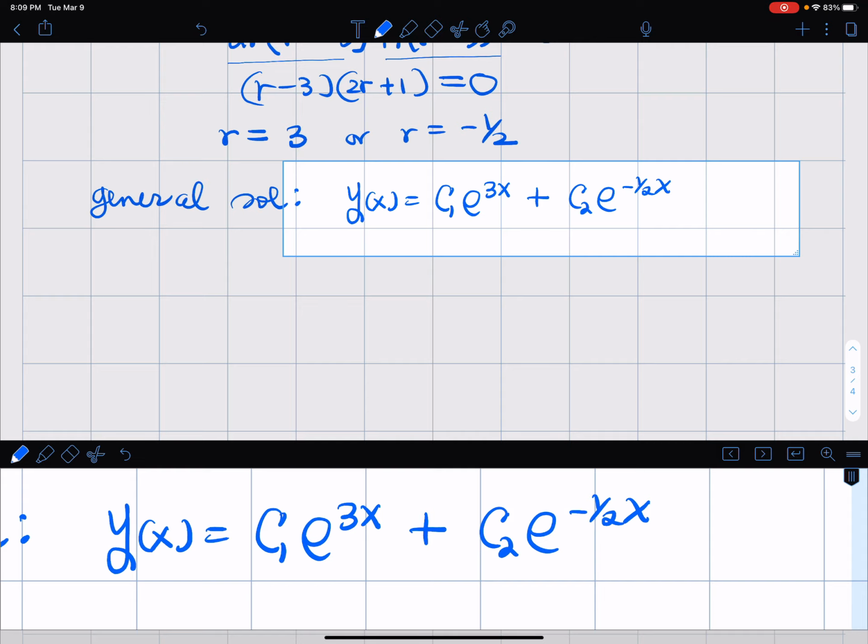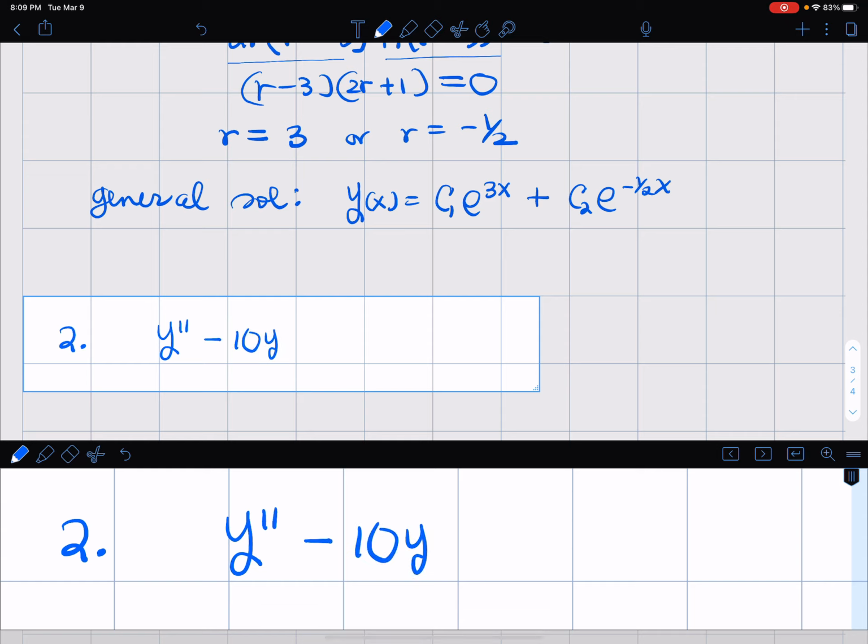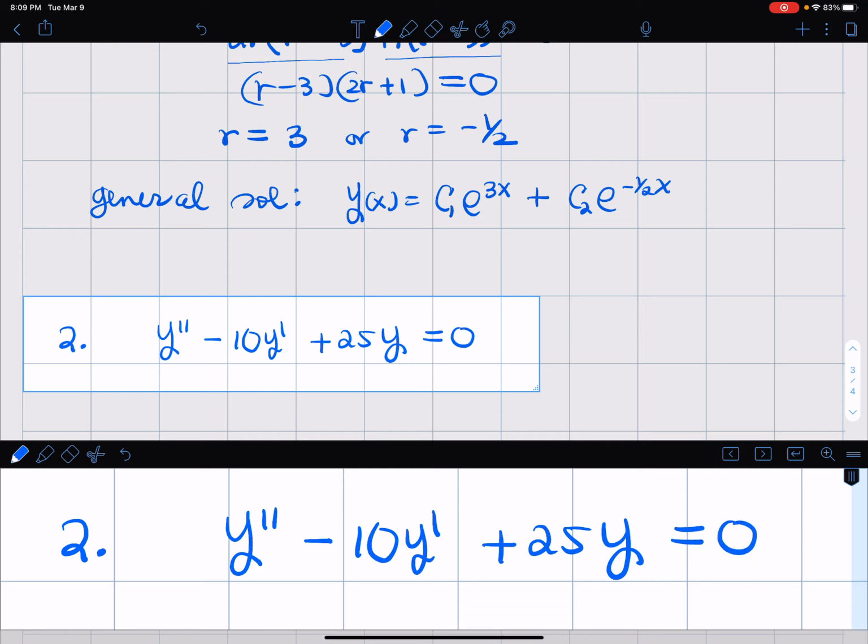Okay, so let's try another one. Let's try y double prime minus 10y prime plus 25y is equal to 0.